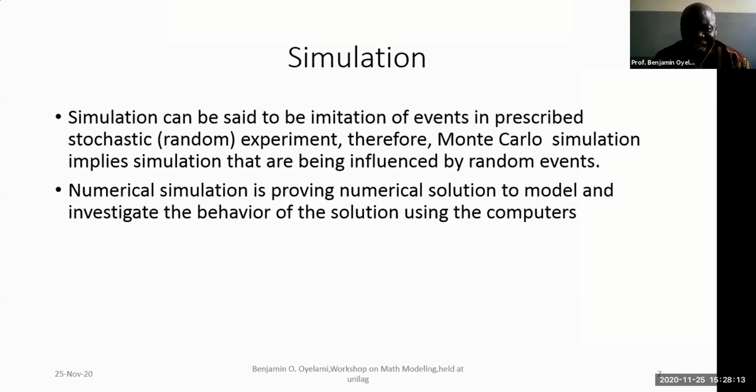So these are experiments that are influenced by random events, because in real life, everything contains a lot of uncertainty. So for that reason, we will have to simulate the problem using a random experiment, or from a stochastic perspective.